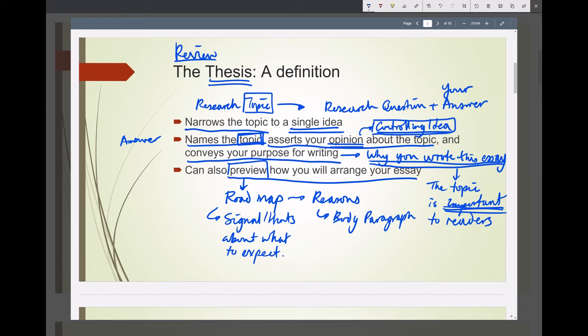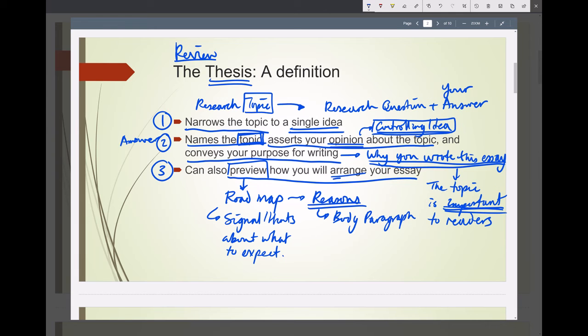Okay, so a thesis statement narrows down the topic. It names the topic, asserts your opinion and conveys your purpose. And it also previews or shows the reader your reasons that support your essay.